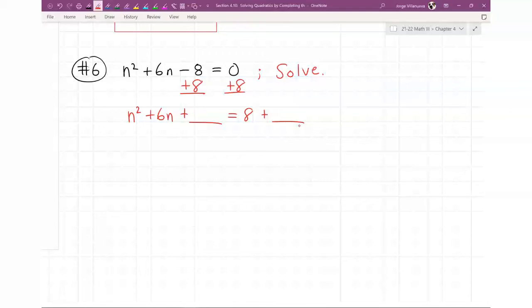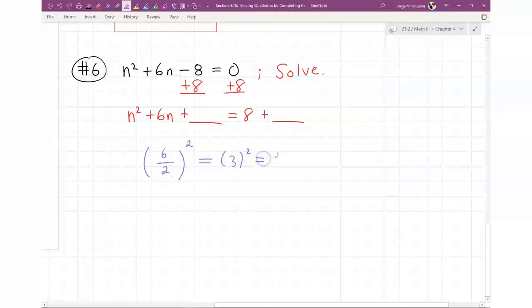Now, what's my brand new c? 9? All right, so you got that by doing what? All right. So 6 divided by 2, that's my b divided by 2. That's 6 over 2, that's 3. And 3 squared is 9. So there it is.